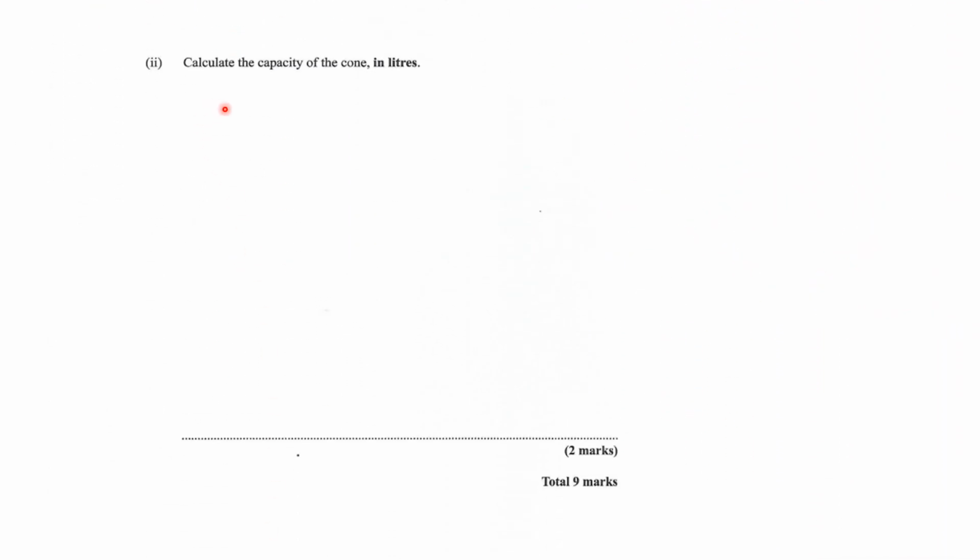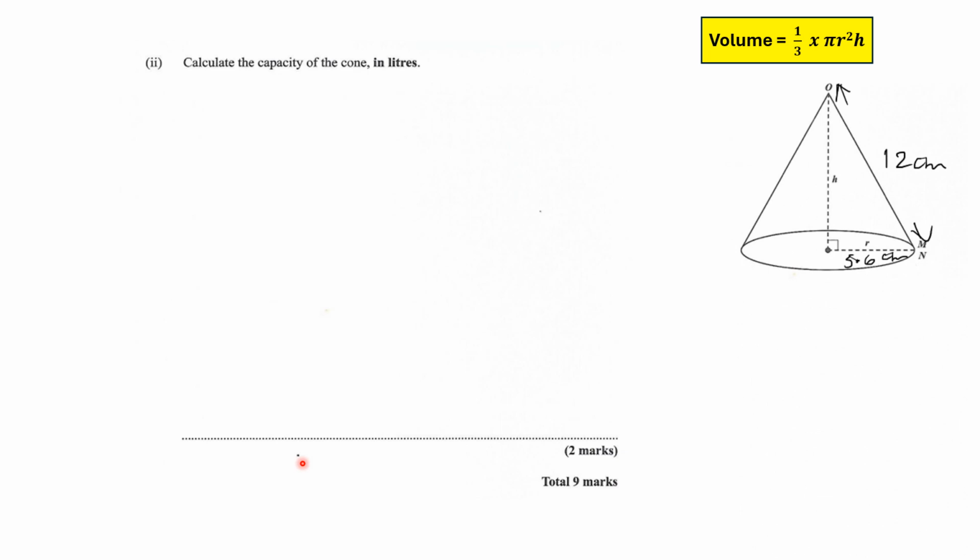We're now asked to calculate the capacity of the cone in liters. That's the volume, and we were given the formula: the volume is equal to a third times pi r squared times the height. This is our diagram. We worked out that the height is 10.6 centimeters, and the radius is 5.6.